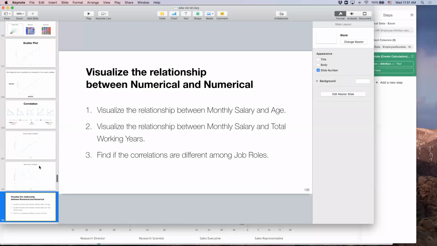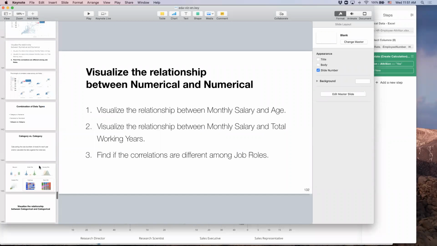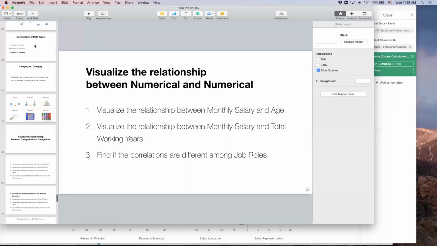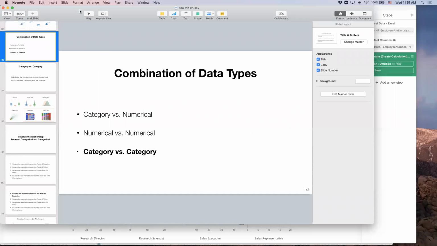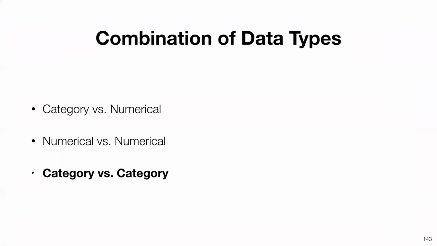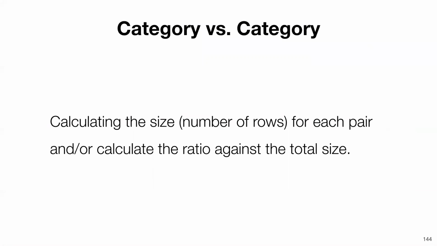Okay, so that's the scatter plot, and this is the last combination, which is category and category. The way we can visualize the relationship between them is, usually you calculate the size, in this case the number of rows, for each pair of the categories, right?